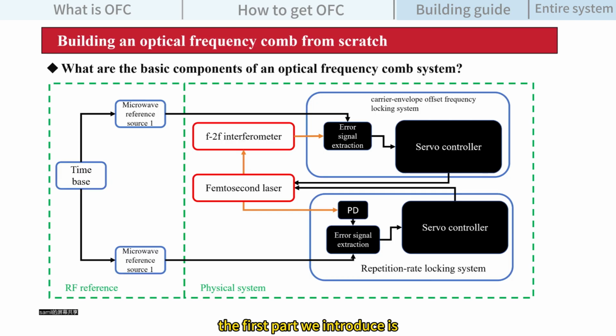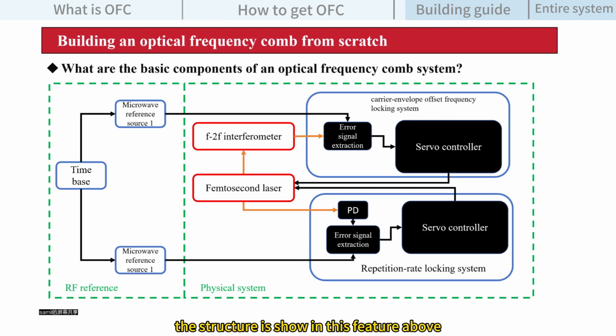The first type we introduce is the RF reference fully locked optical frequency comb. As the name suggests, both of its key features are locked to an RF reference, and usually this is a microwave clock.